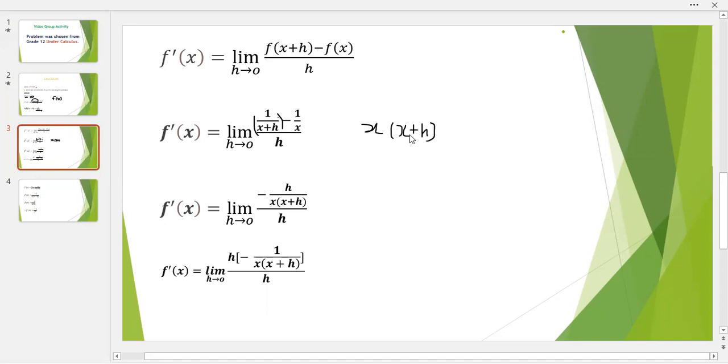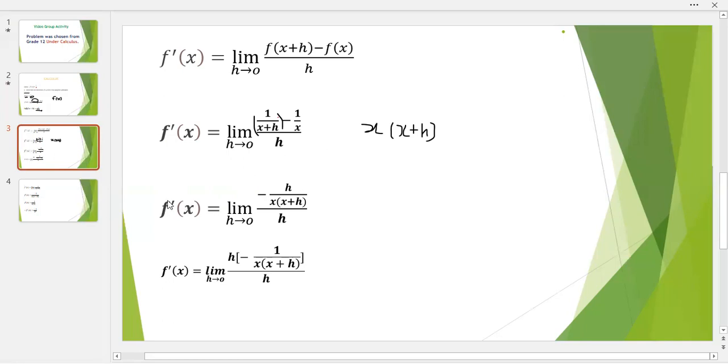This is our lowest common denominator. So then when we solve this numerator, we come up with negative h all over x into x plus h. So we are going to substitute that into our formula.